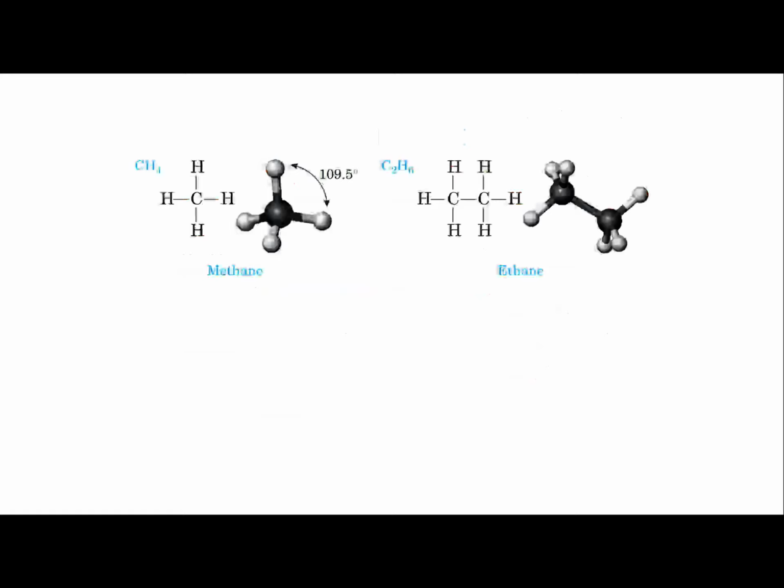Now, as we move on, we can start to worry about naming. Let's take a look at first the simplest hydrocarbon of them all, a one carbon molecule. And then we'll take a look at the next more complex hydrocarbon, which has two carbons. With our first simplest alkane, with only one carbon, there are no single bonds to other carbons you have to worry about.